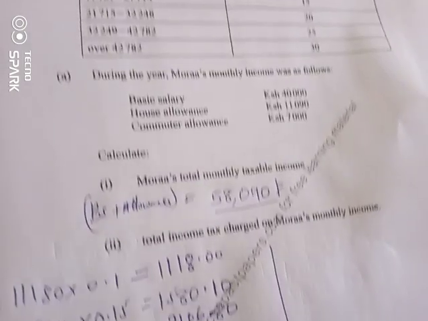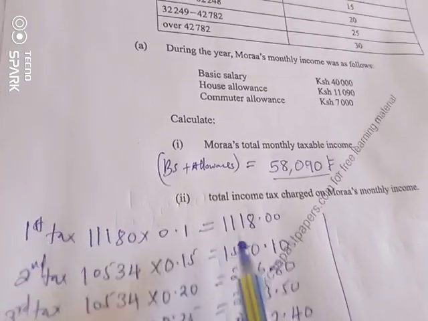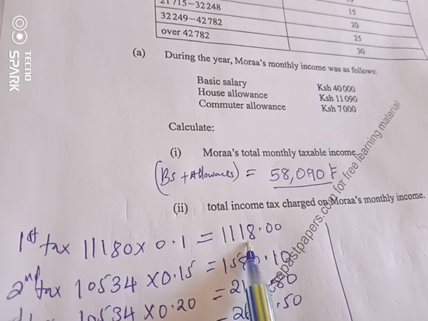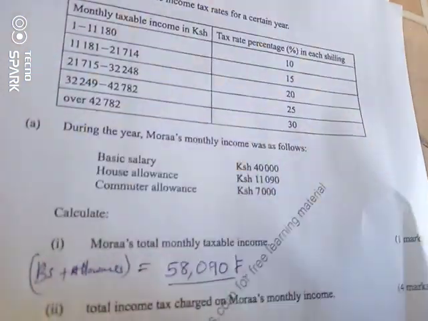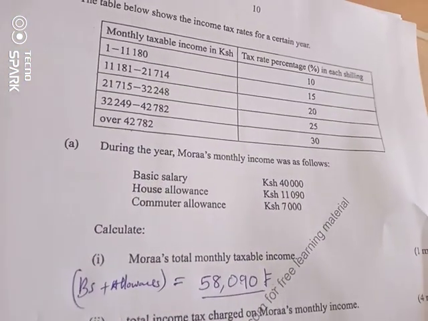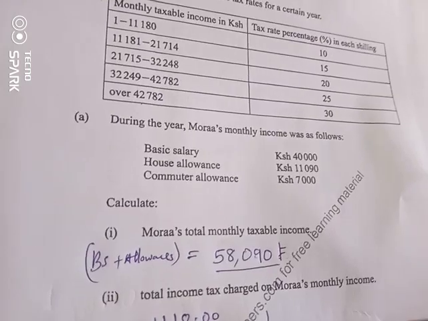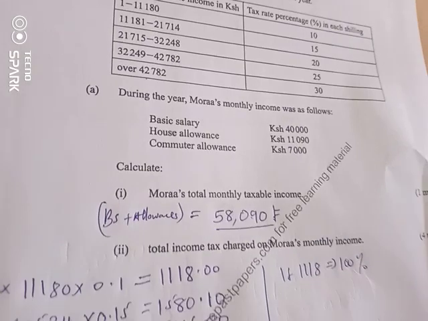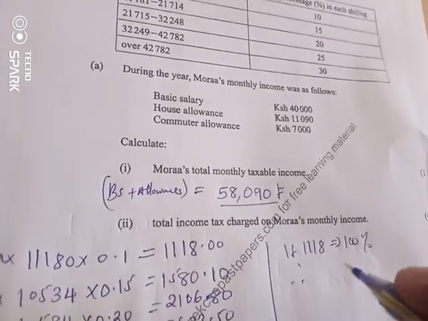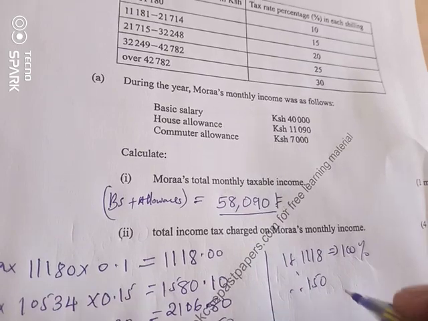So coming to the first band, we have found the first band gave us a tax of 1,118. So this was 100%. So if this was 100%, then we can work it out. So we say if 1,118 is equal to 100%, what about 150, increasing by 50?